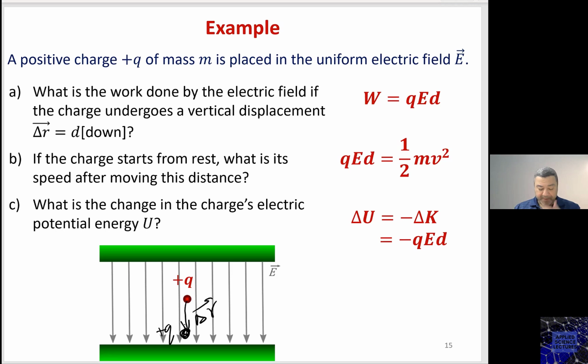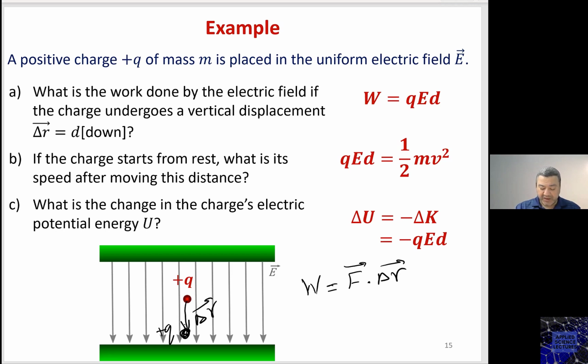In this case, for this positive charge, the work done by the electric field would be F dot delta r, right?